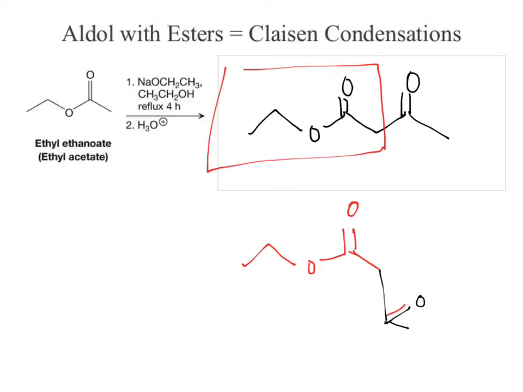That was one piece. This is from our second equivalent. What did we lose off the second equivalent? The other ester functionality. Right. Recognizing the pieces, seeing where they're coming from, and kind of pushing them in or out. Kind of makes sense?